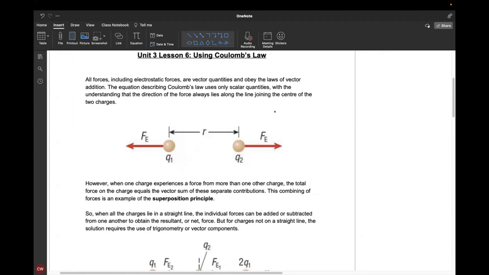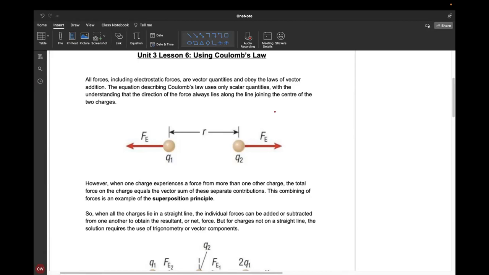Superposition. All forces, including the electrostatic forces, are vector quantities, and they obey the laws of vector addition. The equation describing Coulomb's law uses only the scalar quantity without the direction of the force, which always acts along the line joining the centers of the two charges.